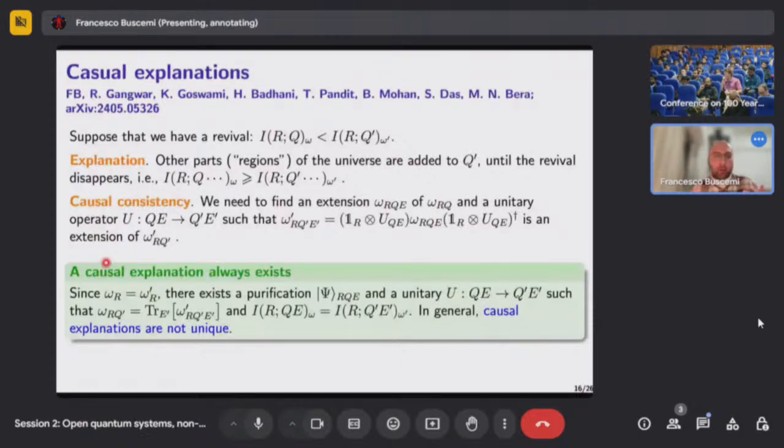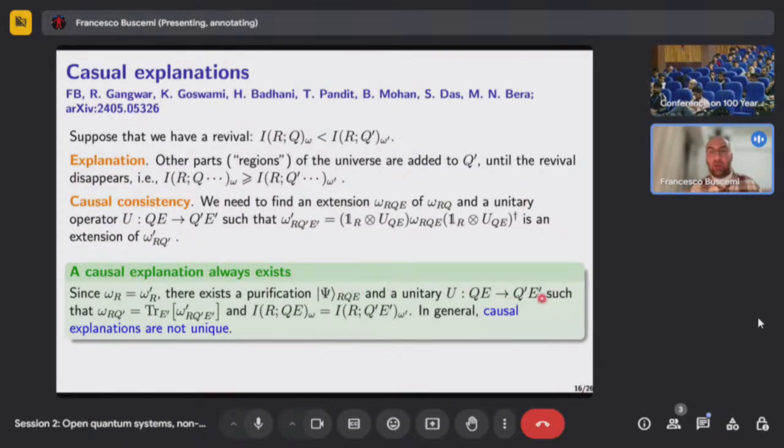Just by starting from noticing that the state of the reference is the same, then by Uhlmann's theorem, you know that there exists a purification of the state of reference and system at time t0. You bring in this purifying system and you call it E. This is going to be your environment.